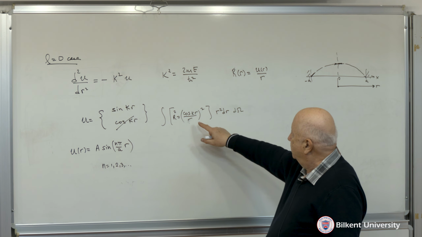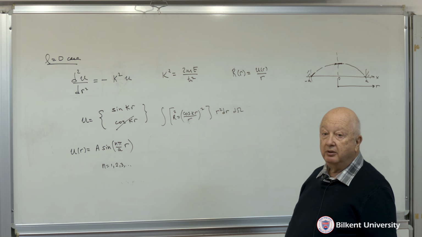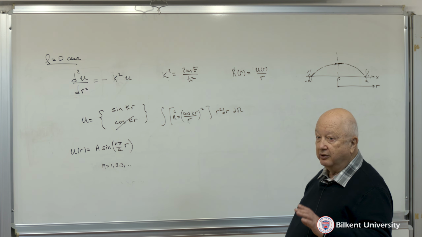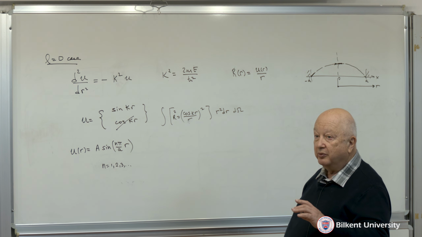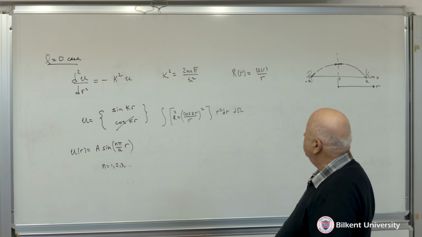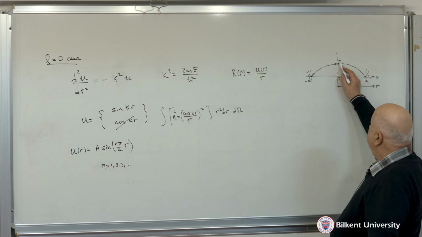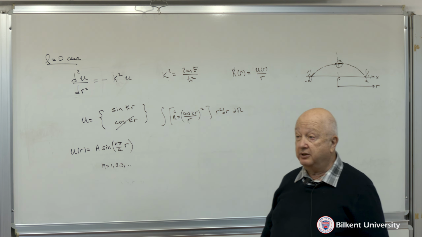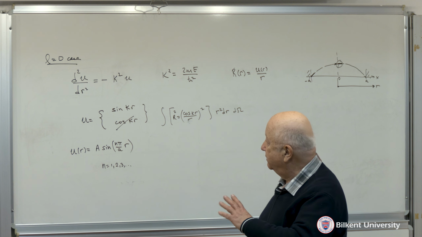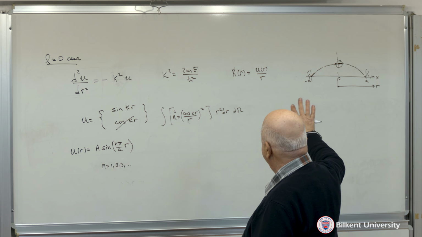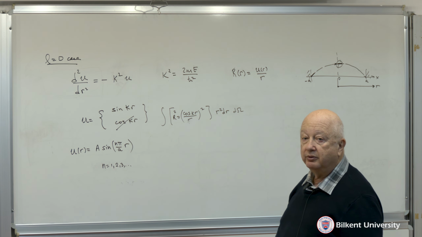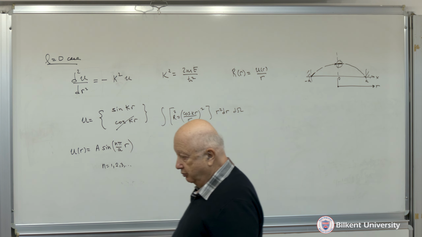So you may get away with cosine in terms of normalization. Normalization is not that much of a problem, but the probability current boundary condition there is more strict. So that's why we don't include it.